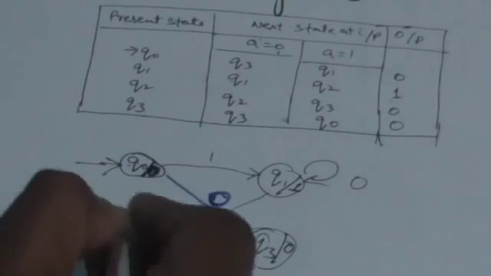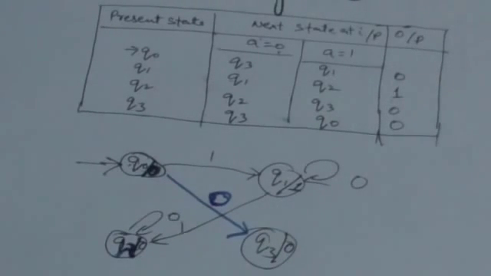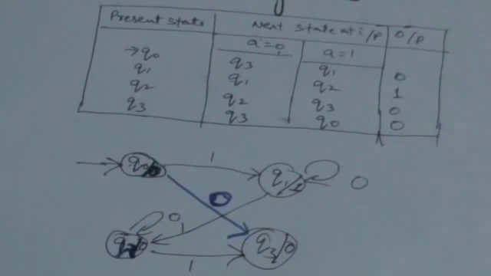Now see the transition of Q2. When it reads 0, it remains here in the Q2 state. When it reads 1, it jumps to state Q3. Now we have to represent the transitions of Q3 in this graph.